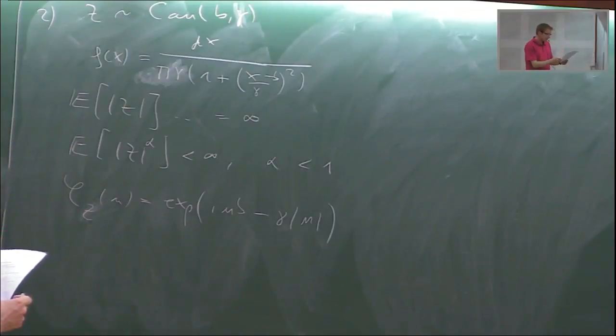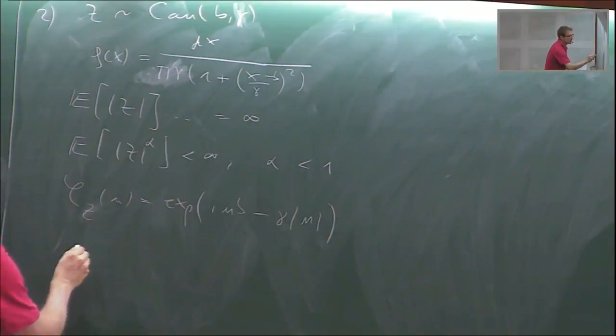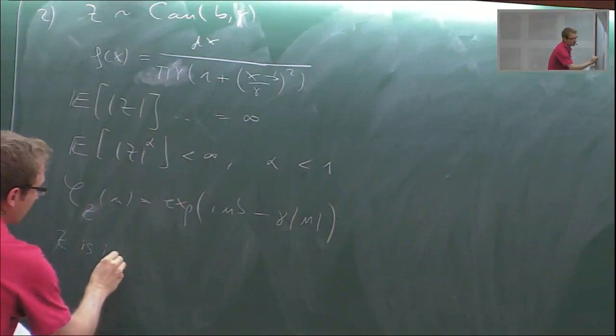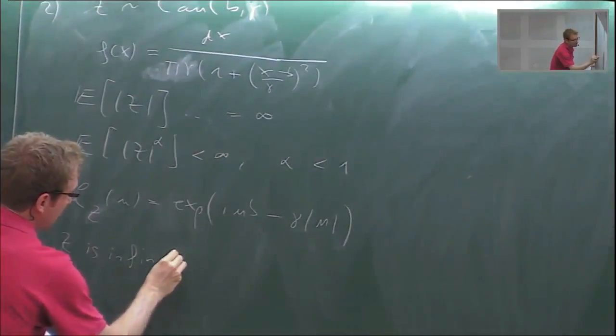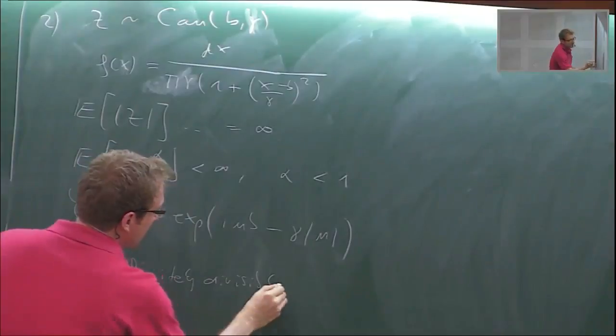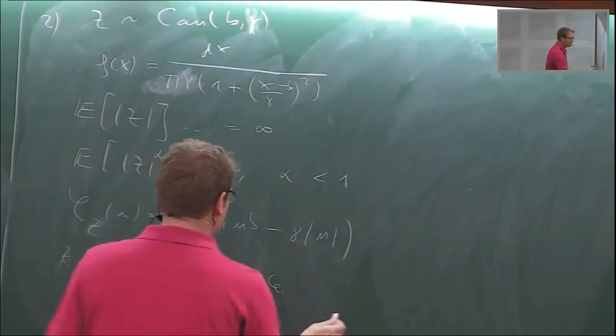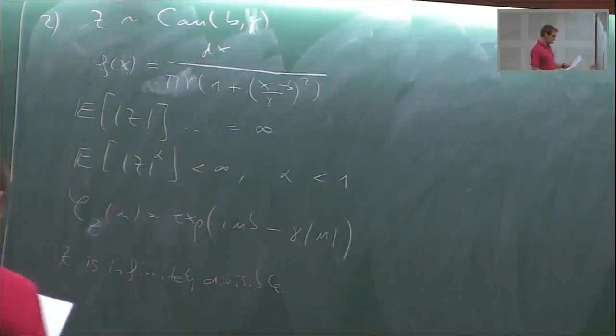And we will see that, first of all, it's infinitely divisible. The easiest case is that zeta is Cauchy with parameters 0 and 1.